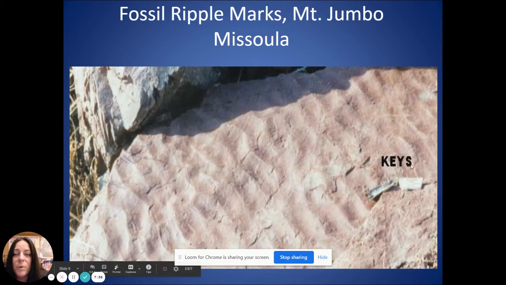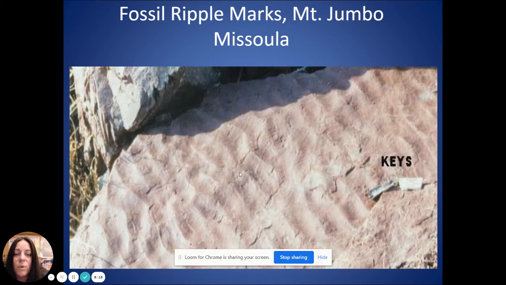So if we see ripple marks at the coast right now, and we go hike up on Mount Jumbo in Missoula and we see the same thing on the rocks, how do ripple marks form? Well, you have to have some moving water going over some nice sand or silt, or even some clay. But it will produce these beautiful ripple marks.